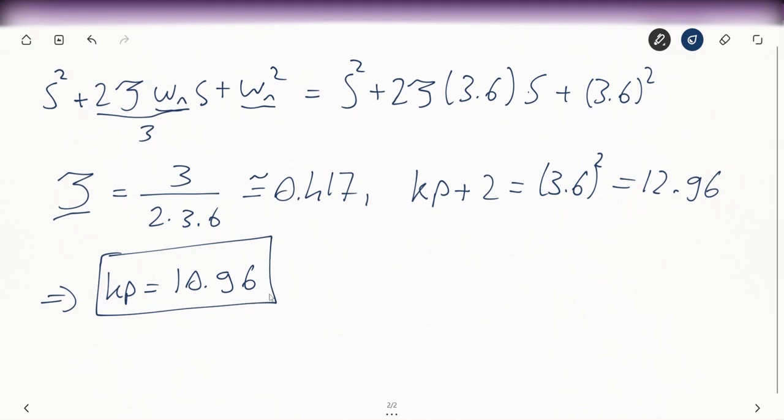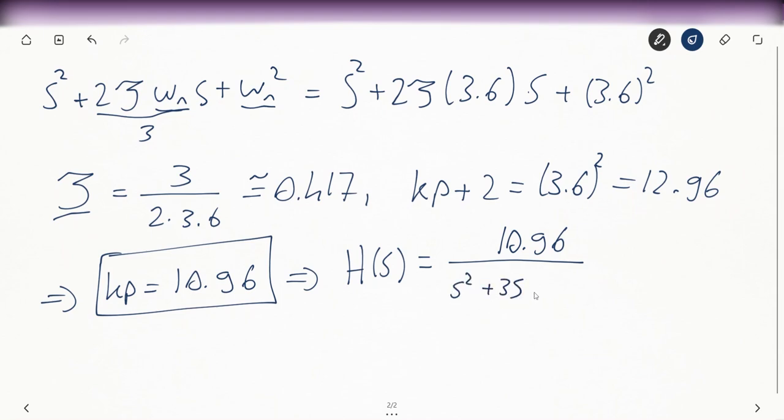We have found the suitable controller that achieves the needed rise time in our system. And now we can write our closed loop transfer function as H of s equal to 10.96 over s squared plus 3s plus 12.96.